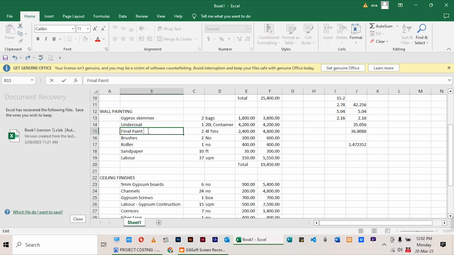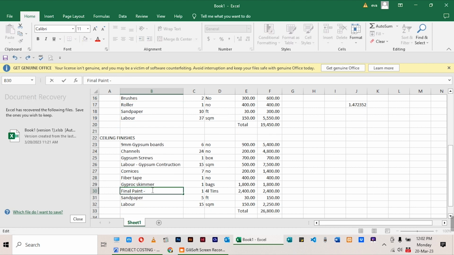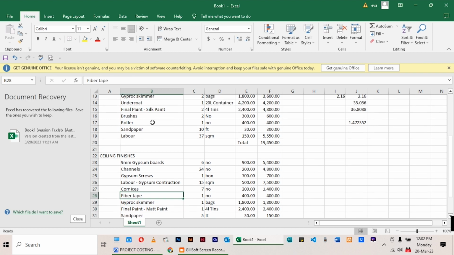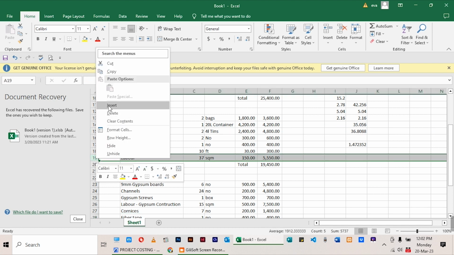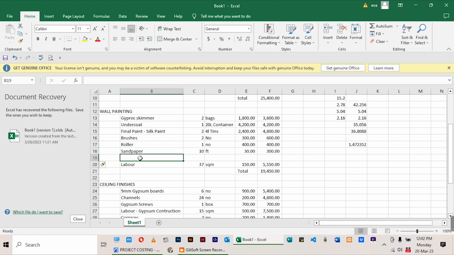Let me write here, final paint. This is silk paint. Final paint here, this is matte paint. And then under this, we'll add gloss paint for doors and windows.